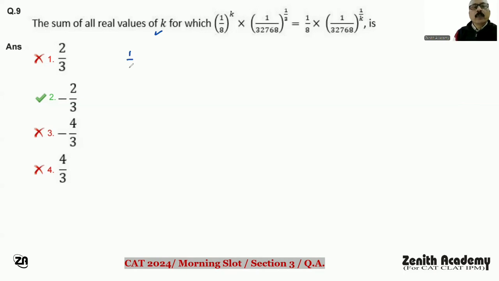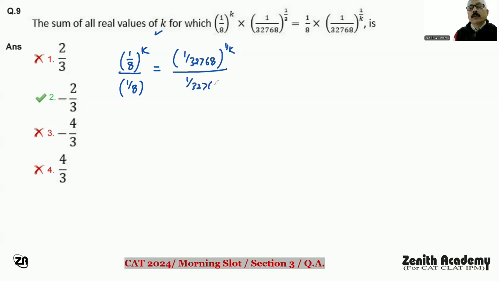So here (1/8)^k and this 1/8 is equal to (1/3276)^(1/k) over this (1/3276)^(1/3).